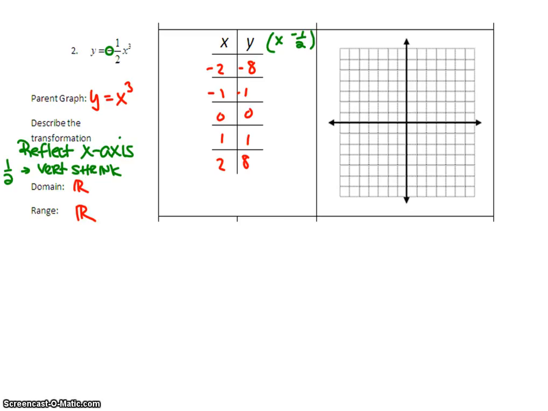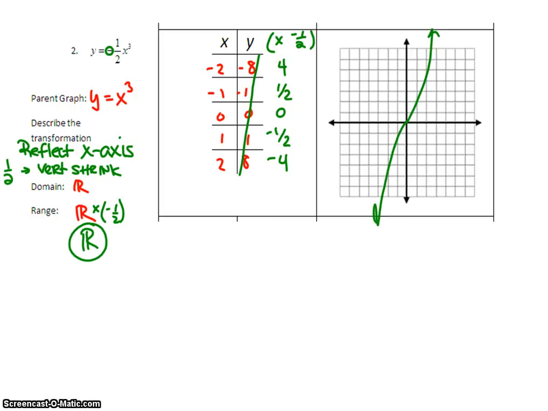Okay, so it becomes positive, these become negative. Change my y, so again what I should do is multiply this by negative 1/2 as well, but again that's still going to be all reals. Okay, now remember, x cubed goes like this.